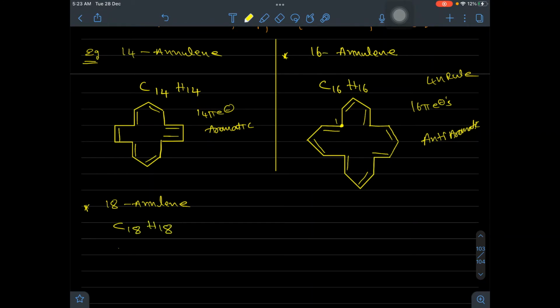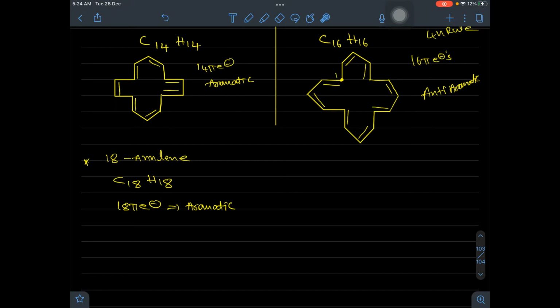So in this you will have 18 pi electrons. 18 pi electrons means again aromatic. So for the [18]annulene structure, just place 18 carbons in a ring. You make the ring as you require, just make a ring in such a manner.